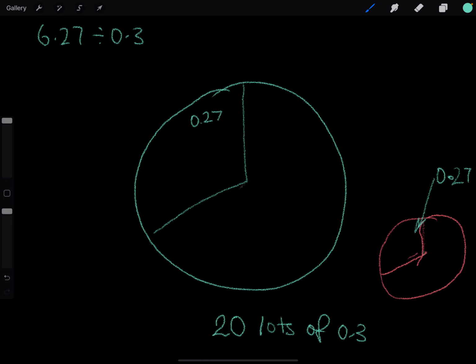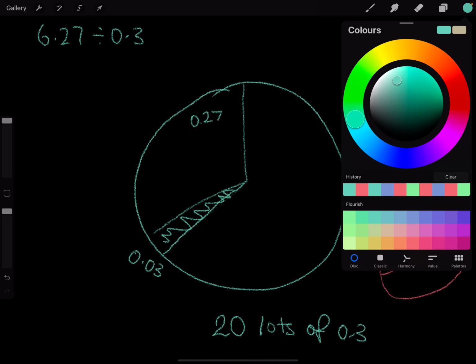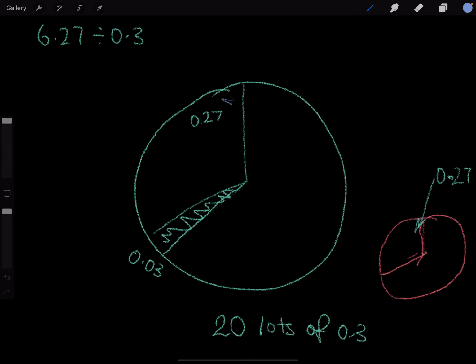It's like a tiny bit more. Oh, okay. So this guy in here, you're saying, is 0.03. Yes. Oh, that's interesting. So we need to find out how much of 0.3 is in this bit.